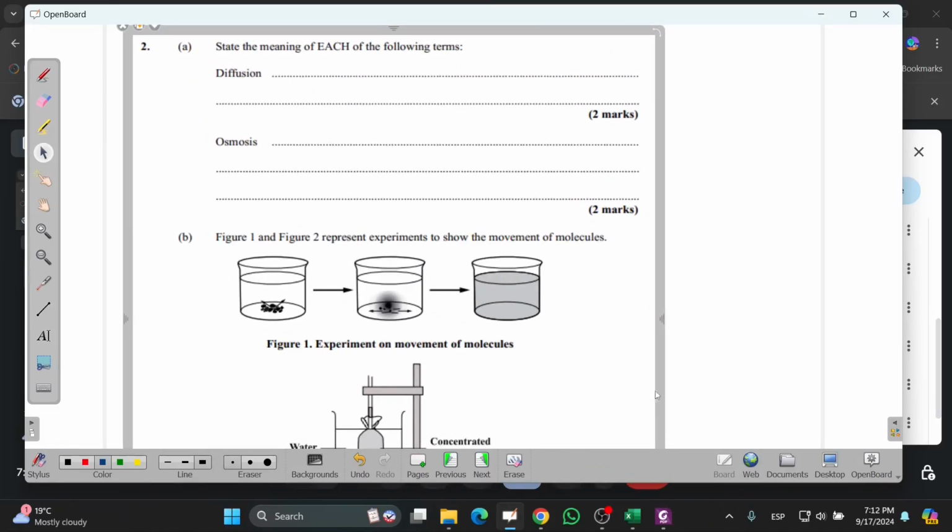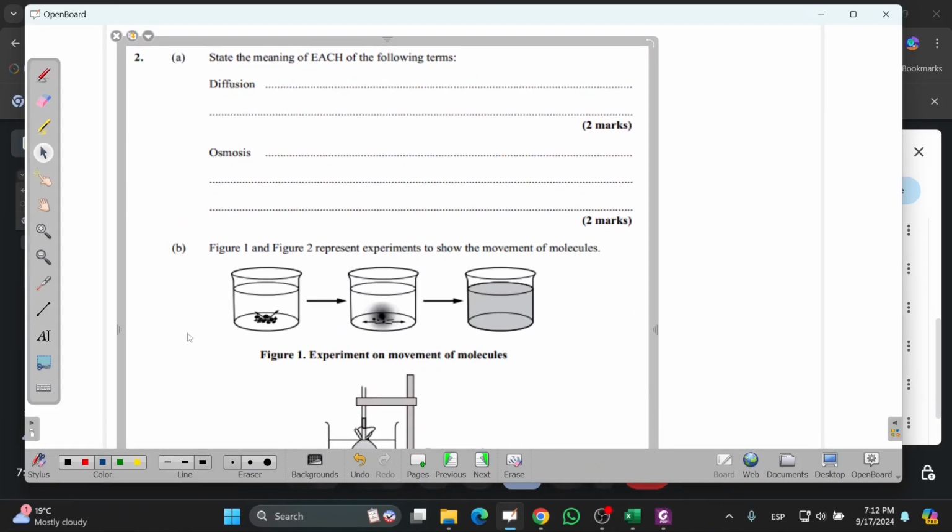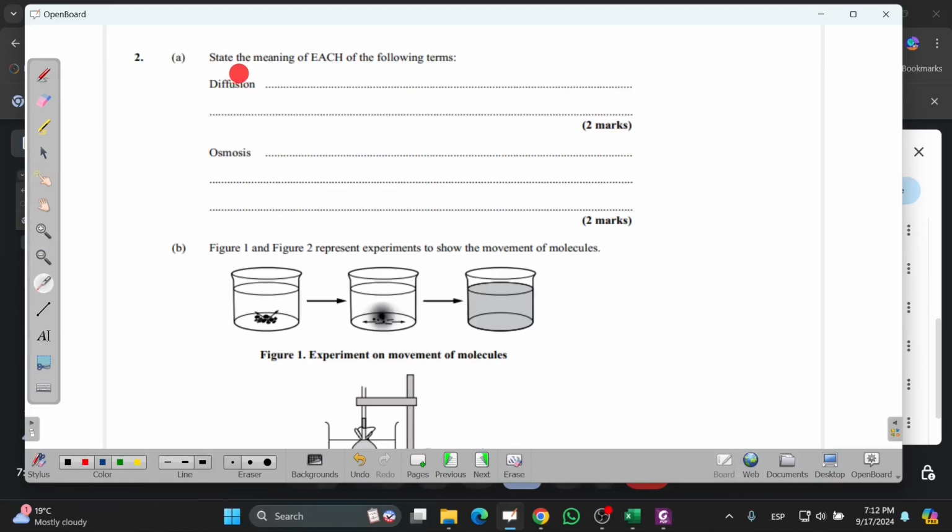Let's see this one first. So it says, state the meaning of each of the following terms, diffusion and osmosis. Well, we already saw that diffusion, this is the spontaneous movement of particles, right?